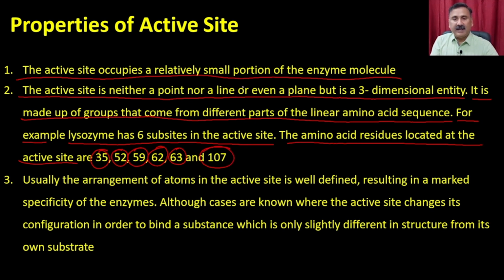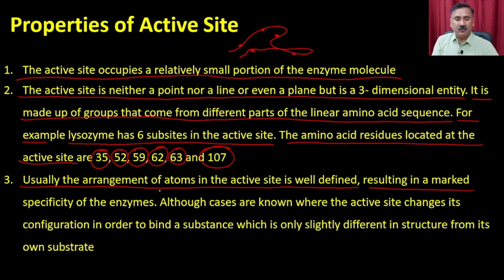So you can have an active site which may be coming from different types of amino acids, and these may be coming from distant locations within the amino acid sequence. Usually, the arrangement of the atoms in the active site is well defined, resulting in a marked specificity of the enzyme.